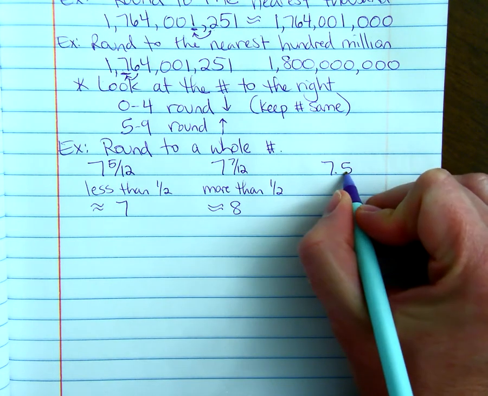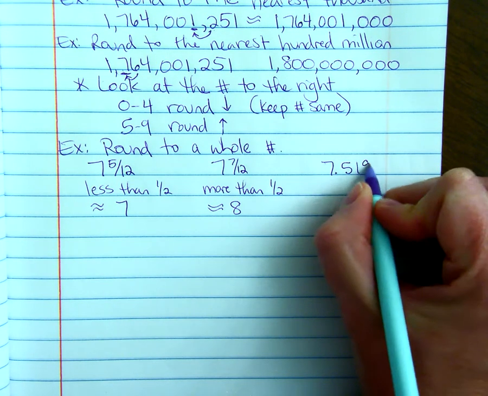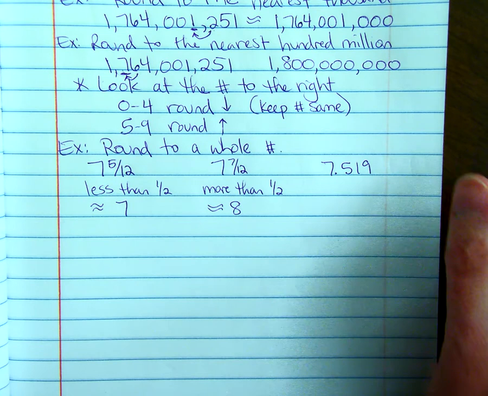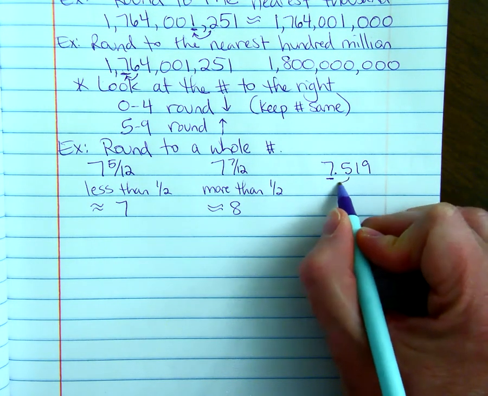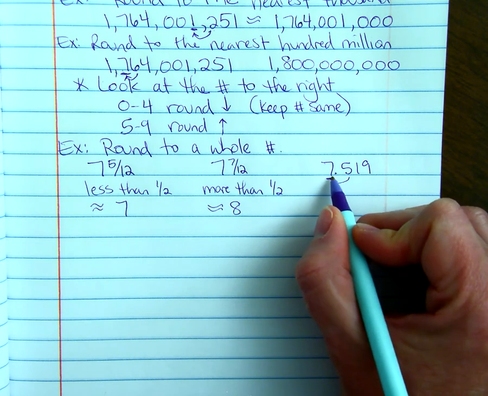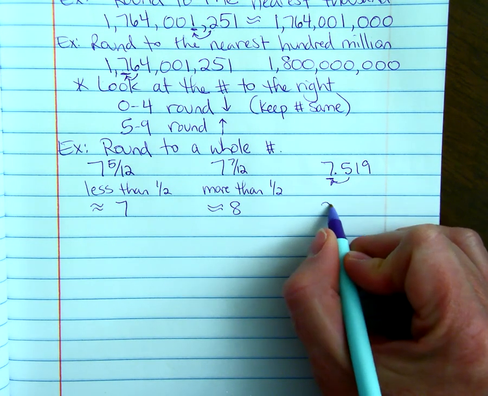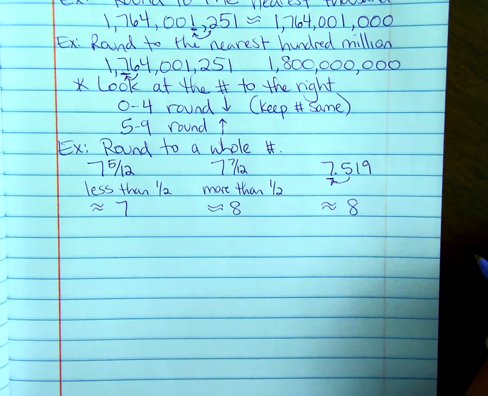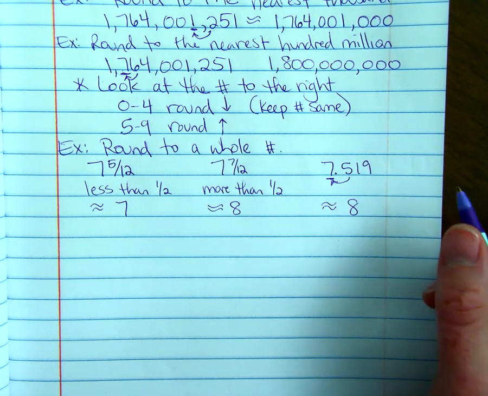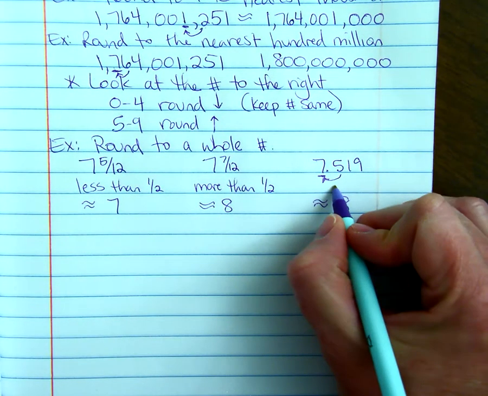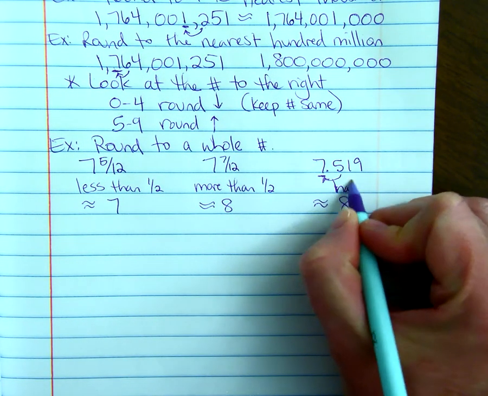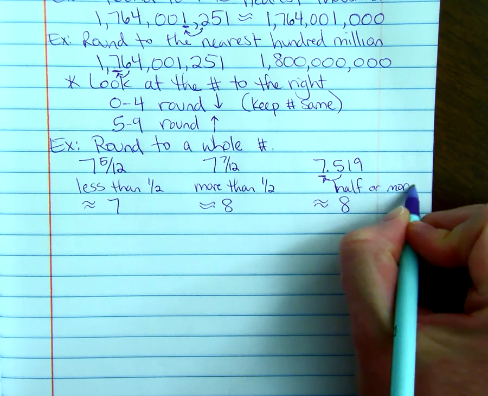And if we have the decimal, 7 and 519 thousandths, we can look at the 7, look at the digit after it. Since that's 5, we're going to round up to 8. And that will be our whole number, 8. We just drop off the decimal. So when we're rounding decimals and they go to 0, you can just drop them off. So this is half or more.